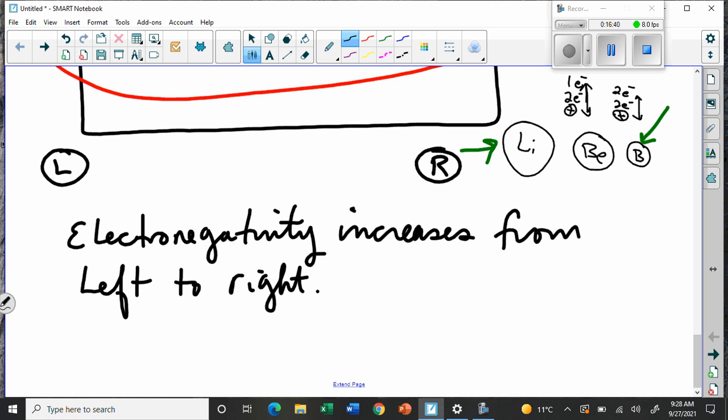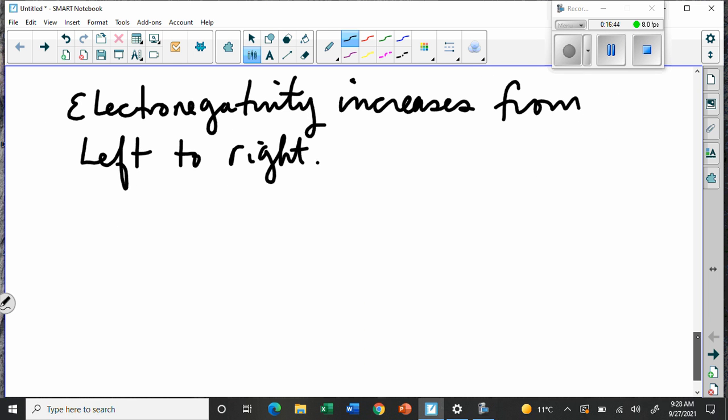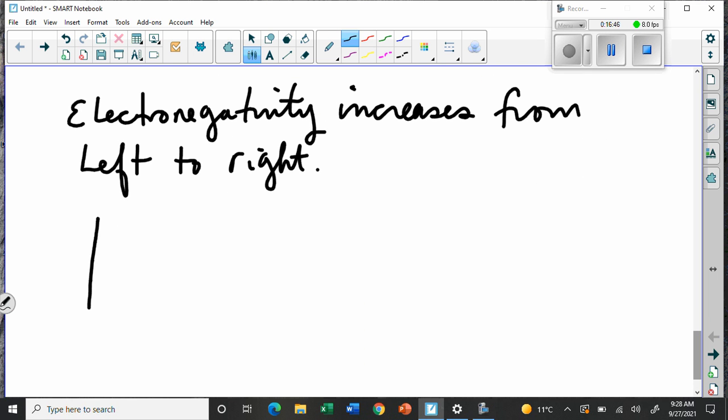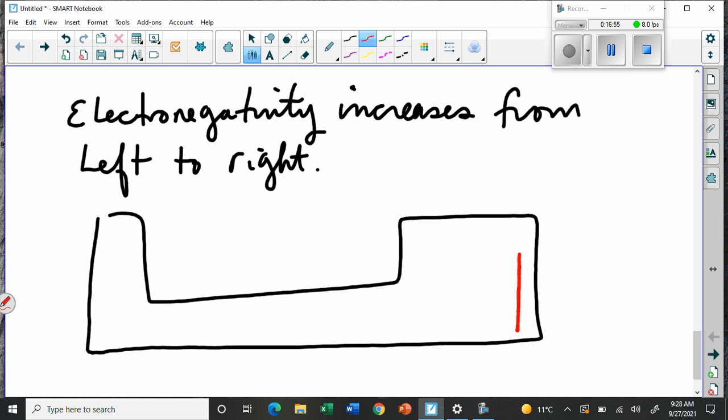So what that means is that if you have a table like this, we have 2 rules. I'm going to summarize both rules now. Okay? What that means is we've already seen that if you go up the table, that's the increasing electronegativity. But now we also can draw another line across the table.